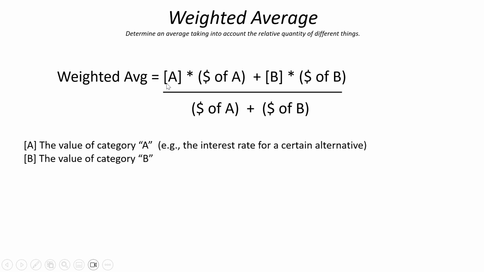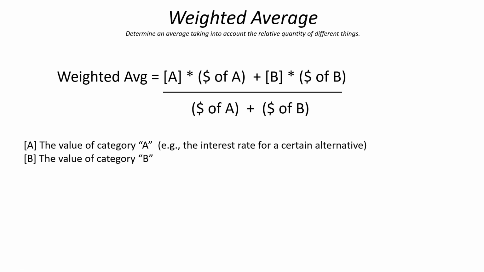It could be an interest rate. It could be milligrams per liter. It's a value of something and then an amount of something. So if we're talking about a river, it could be cubic meters per second, like a volumetric flow rate. Or if we're talking about money, it could be how many dollars from a certain type.